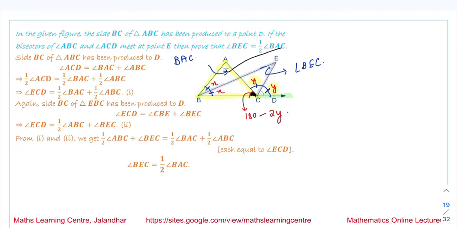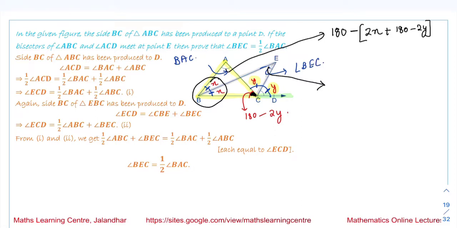Now we write the values of these two angles. So angle A we are talking about, and angle E we are talking about. If we calculate the value of angle A, that will be 180 minus the angle at B, this whole angle is 2x, plus the angle over here, 180 minus 2y. This angle is 180 minus 2y. Why? Because the sum of the triangle is 180.